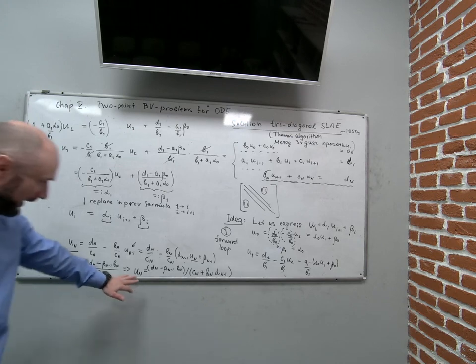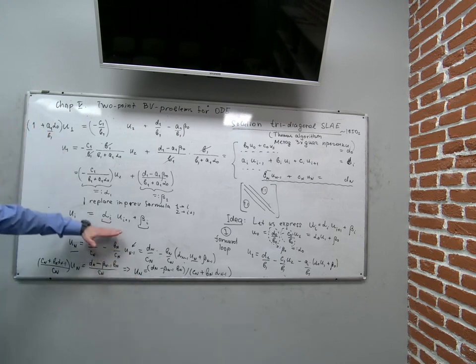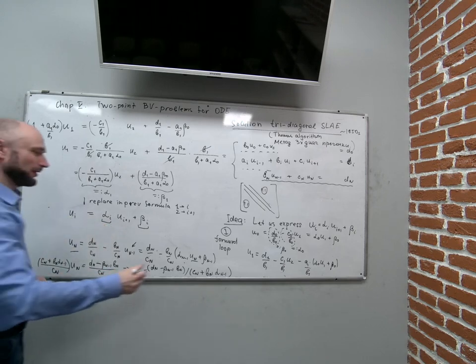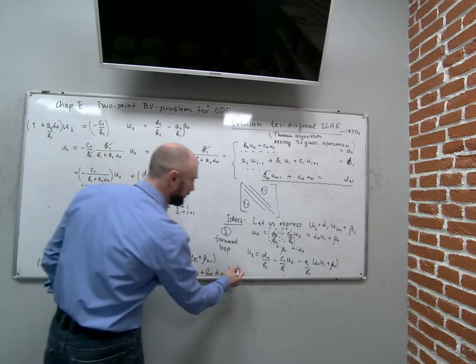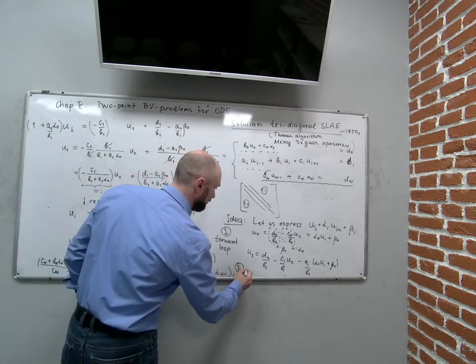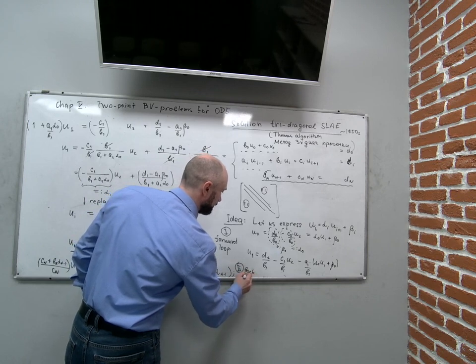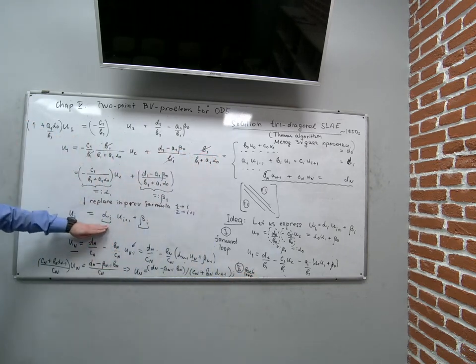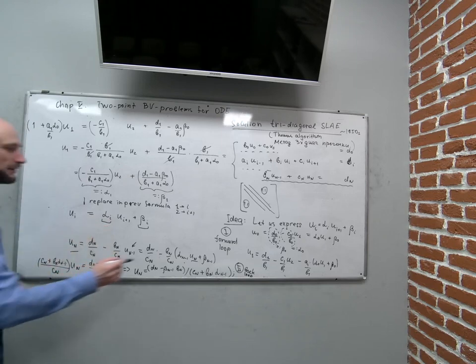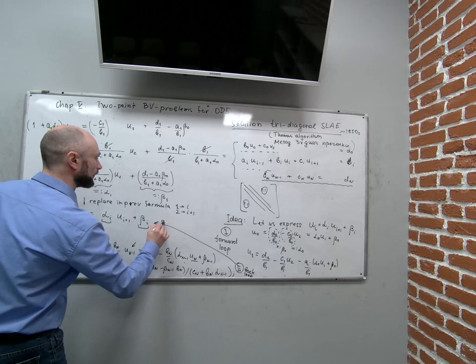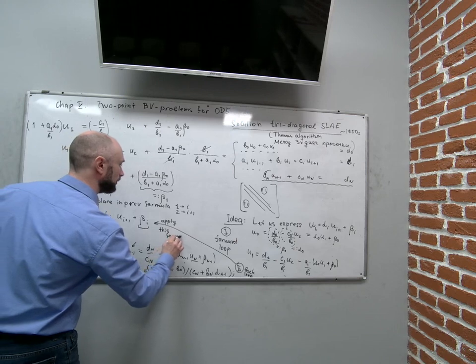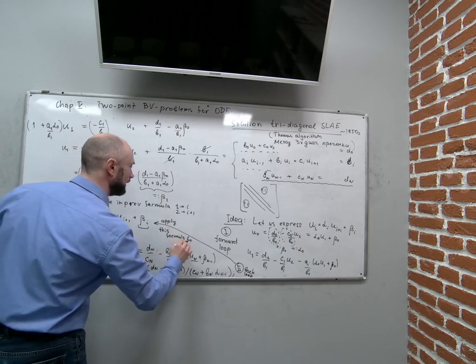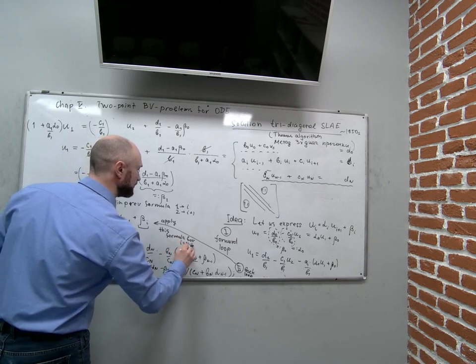Because we know un, and we can express all the other unknowns going back. This is the end of the forward loop, and then goes the backward loop, which is just the application of this formula continuously. Apply this formula for I from n minus 1 to 0.